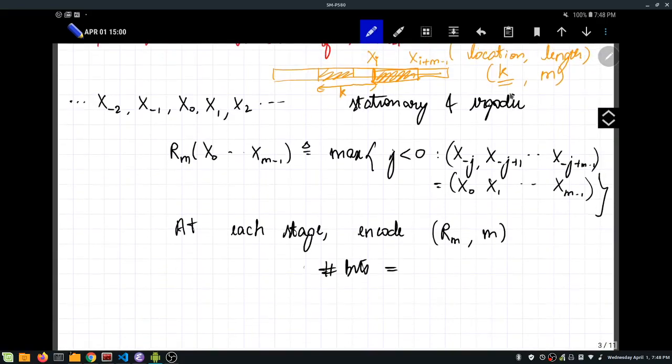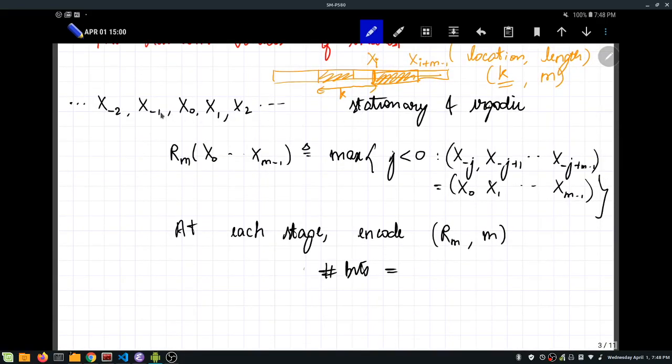Putting it a little more mathematically, suppose that we have a stationary and ergodic sequence, and just for the purpose of this proof, we'll assume that it is infinite in both directions.